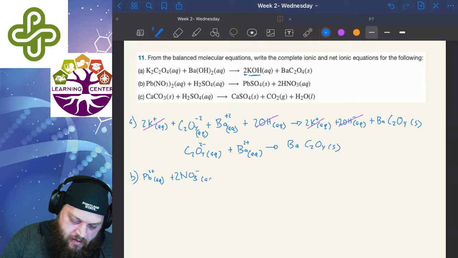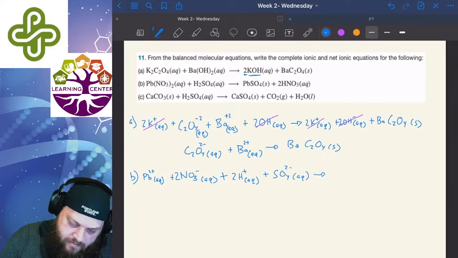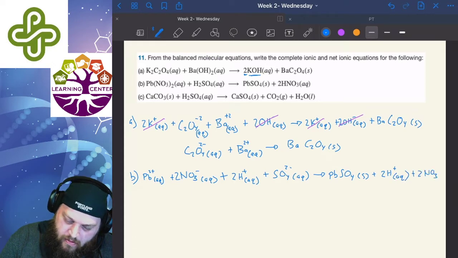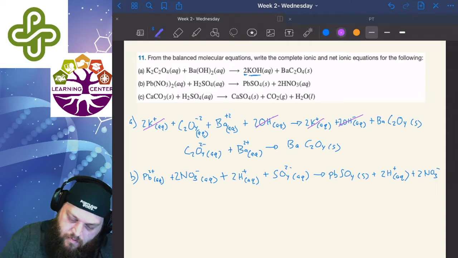That's aqueous as well, don't forget that, plus 2H plus aqueous plus SO4 2 minus aqueous is producing that lead sulfate solid, lead 2 sulfate at that point, plus 2H plus aqueous plus 2NO3 minus. And that should also be aqueous.